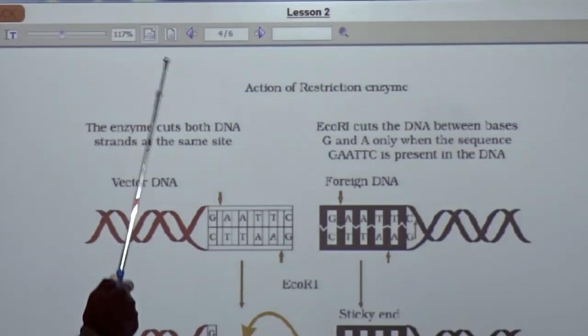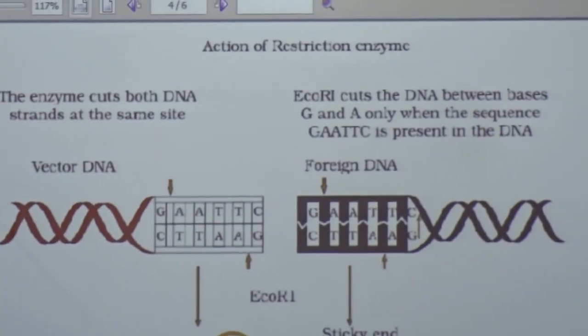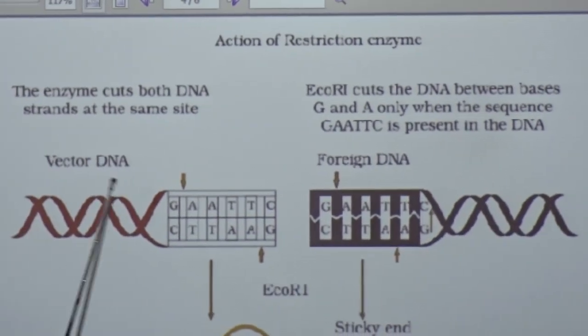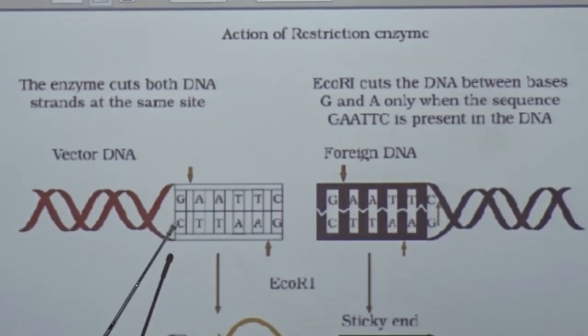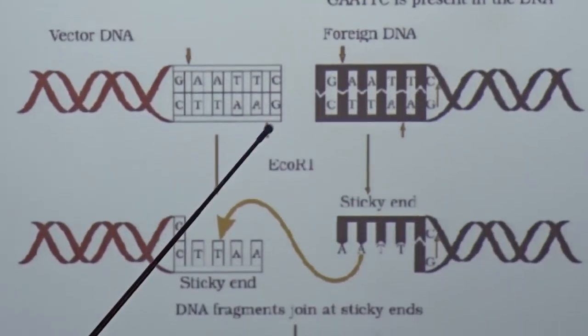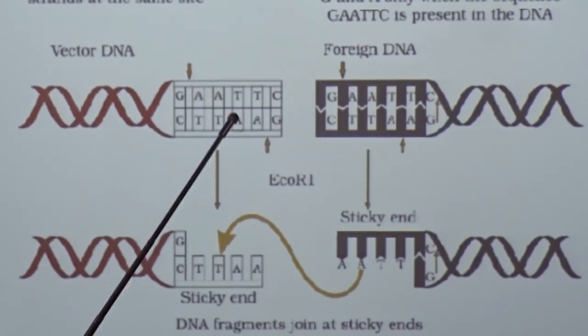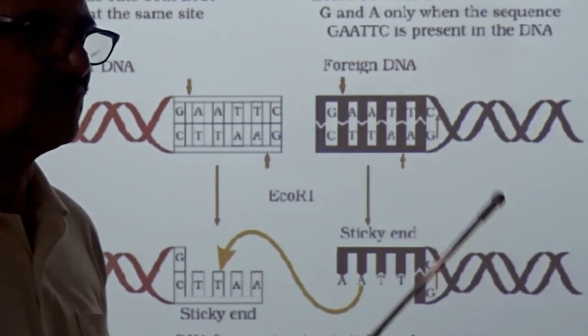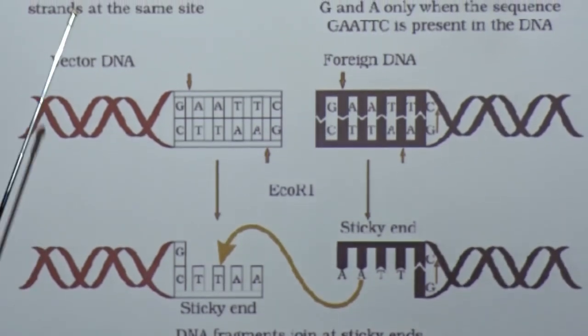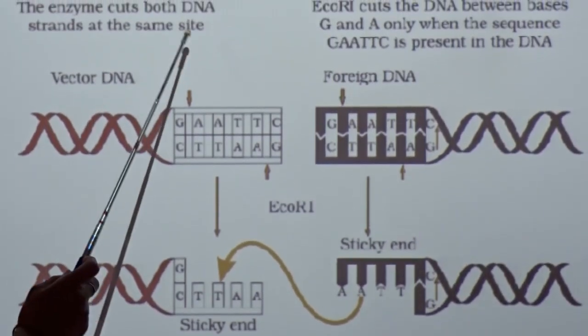Now just see here the action of restriction endonuclease. This is the vector DNA and this is the foreign DNA. What is the idea here? We want to copy the desired DNA molecule. So the enzyme cuts both DNA strands at the same site.